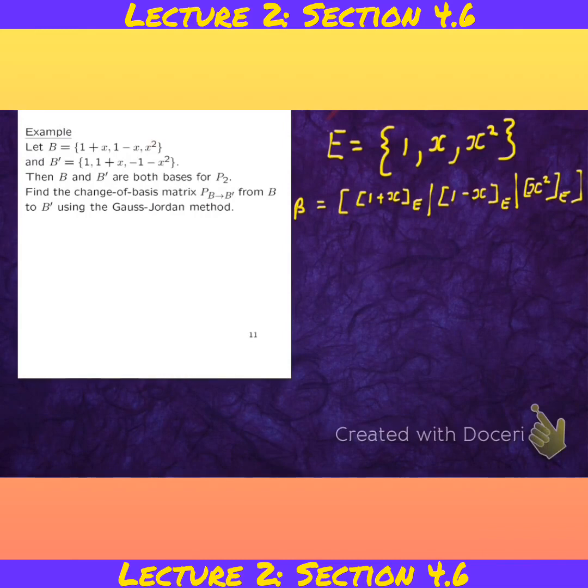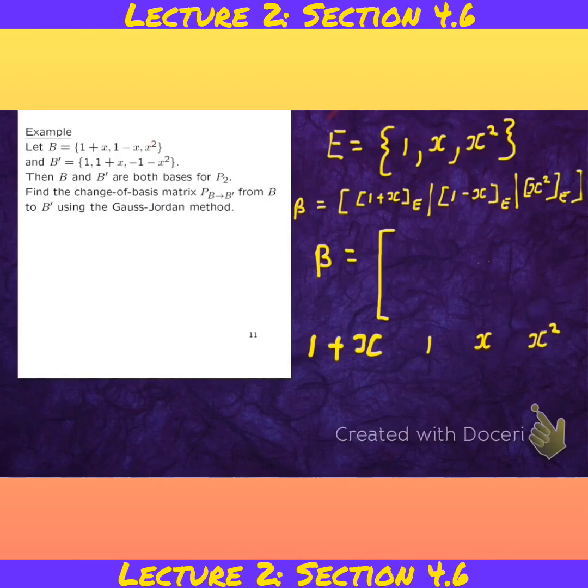Now, what is the standard basis in this case? The standard basis is E, right? So what's my first column of B going to be? We take the first vector of B, there it is. We write that vector as a linear combination of the vectors in the standard basis.